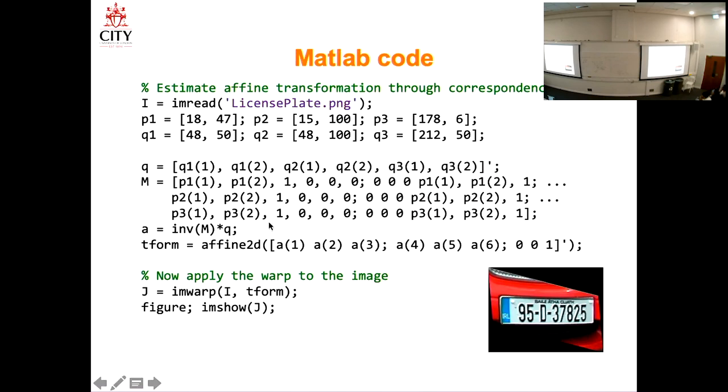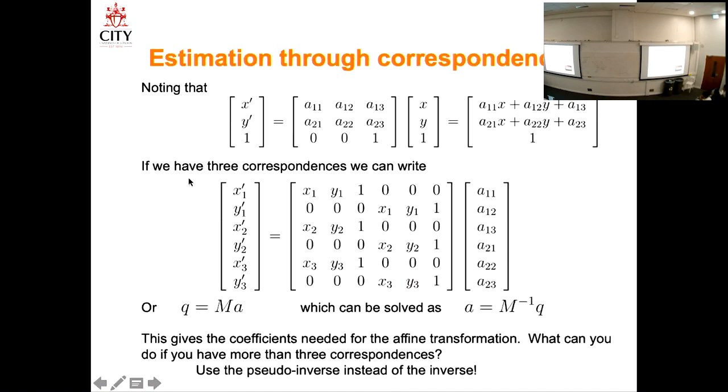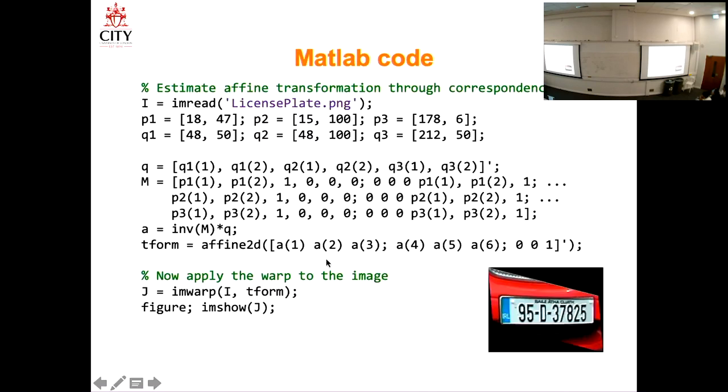This is the way you can do it in MATLAB. So what you do is you read the image, you manually select a few points and their corresponding points, and then you say this is your M function, which is this matrix. Then you define that matrix. A equals inverse M times Q, and T form equals affine 2D, and then warp it.